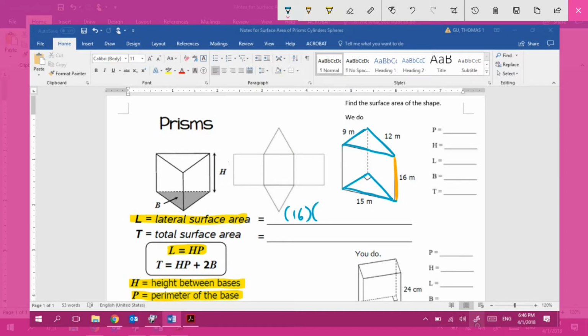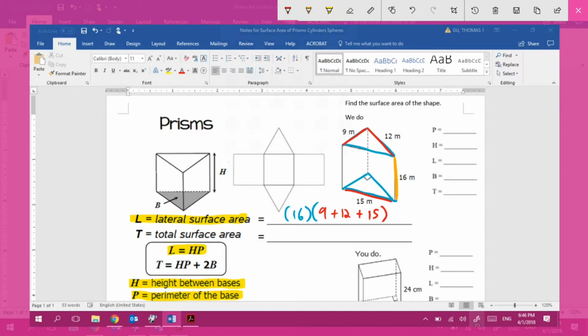How do I find perimeter of the base when it's a triangle? Well, perimeter is the same thing. You add all the sides together. So you can see our three sides, I'm going to label it in red. My first side is 9. Second side is 12. What's the third side? You can find the length down here. It's 15. So we're going to add those three numbers together: 9 plus 12 plus 15.